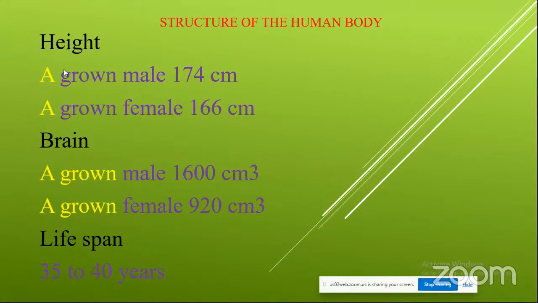A grown male had a brain volume of about 1600 cubic centimeters, and a grown female 920 cubic centimeters. Their lifespan was very short, dying within 35 to 40 years. That is the maximum life. These things may come for MCQs, not as essay type questions.